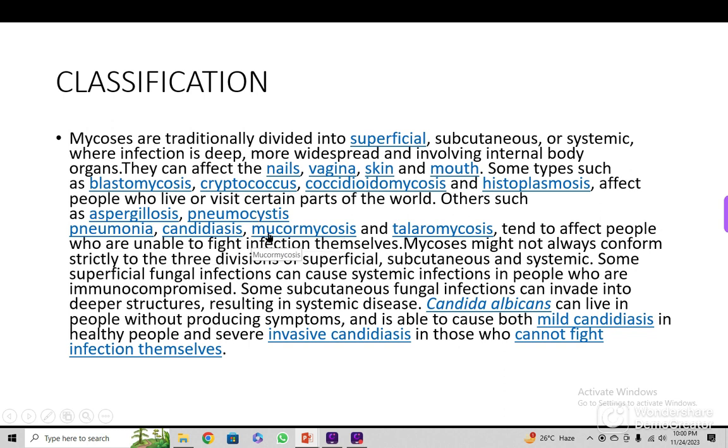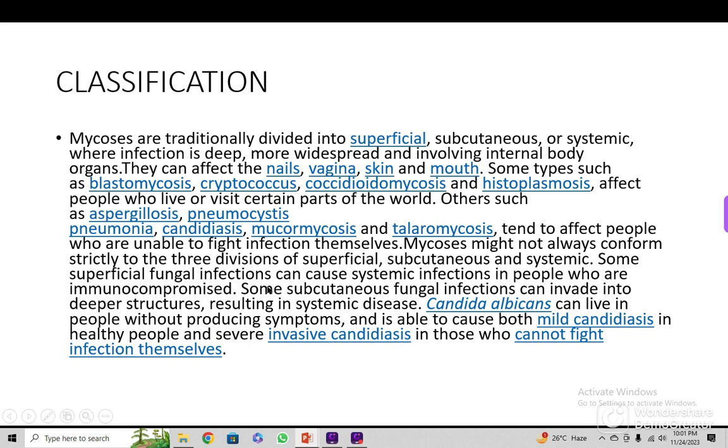Pneumonia, candidiasis, mucormycosis is a very important invasive fungus, and talaromycosis, a new one, which can penetrate the surfaces and spread in the body, tend to affect people who are unable to fight infection. Immunocompromised patients will develop these types of fungal infections.